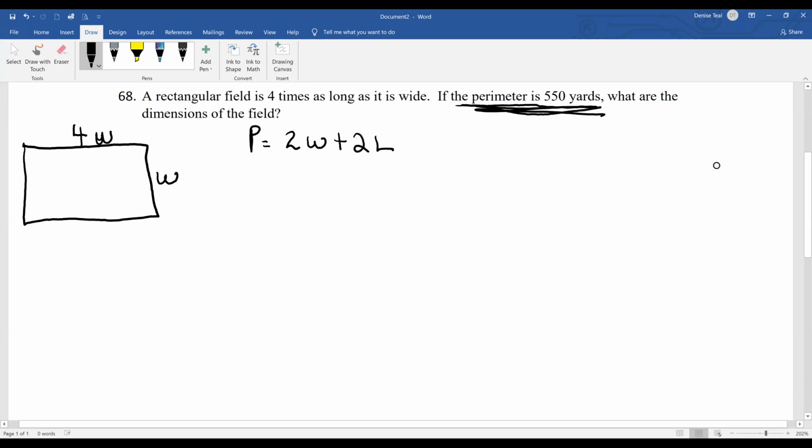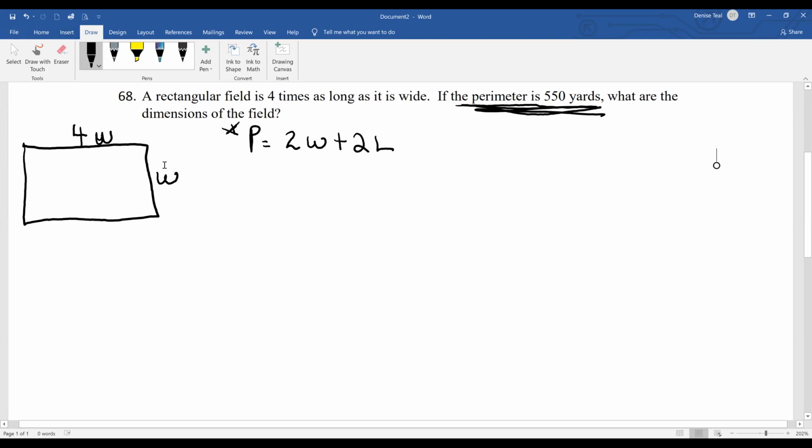You won't be given this. This is one of your core learning principles that you want to know. And what are the dimensions of the field? From here, you should just be able to substitute the width and the length. And it tells you that the perimeter equals 550 yards.